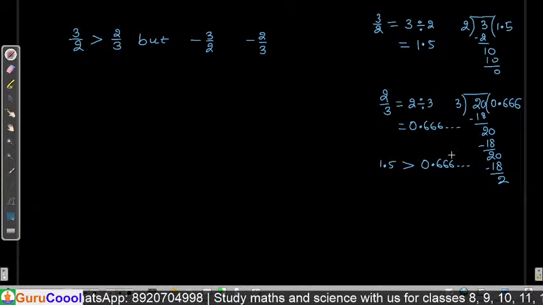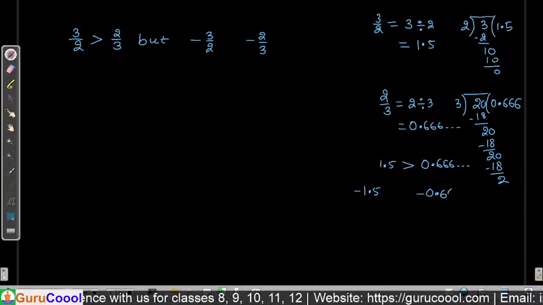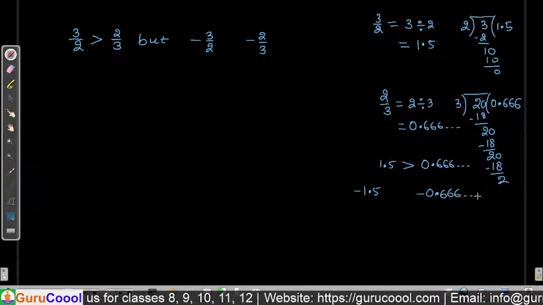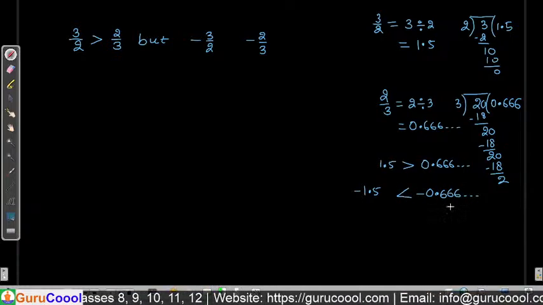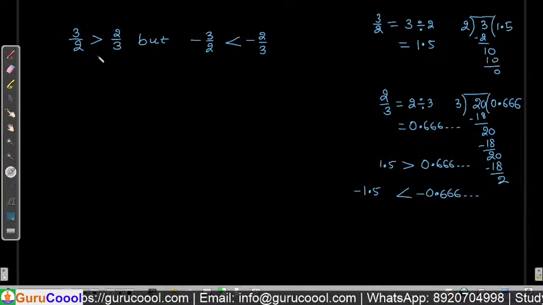Now 0.66 is greater, right? If we put a minus sign, it becomes minus 1.5 on the left and minus 0.666 on the right. So now 0.66 is greater with the negative sign. That means minus 2 by 3 is greater, right? Right.